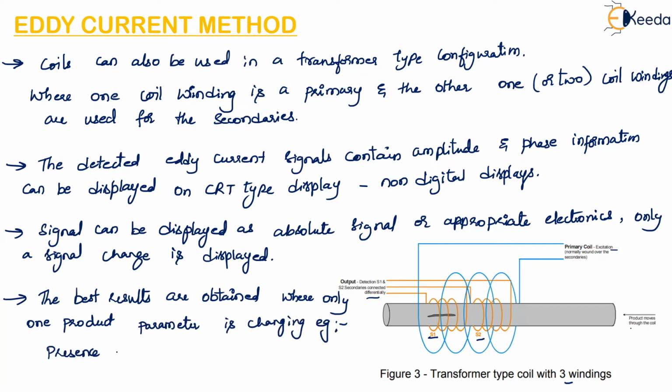So one parameter change, an example here, is the presence of a crack. In practice, changes in eddy current signals are caused by differences in composition, hardness, texture, shape, conductivity, permeability, and geometry.